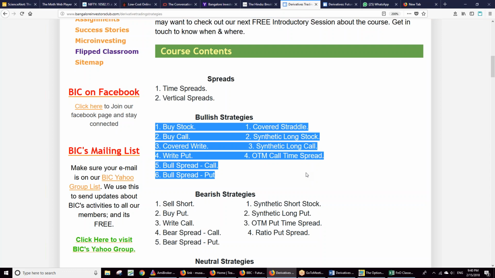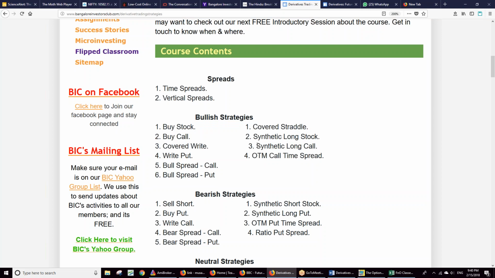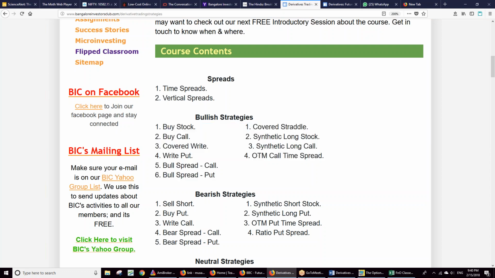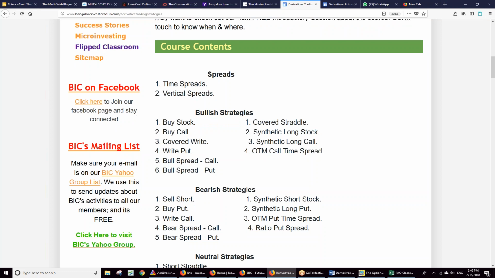Like I said, this is not really a comprehensive list, but we've mentioned 10 strategies here. You will see later in the course why we've numbered it like this, 6 plus 4, because there are a lot of these subtleties in the strategies, and it's going to be really interesting. Same thing for bearish strategies.